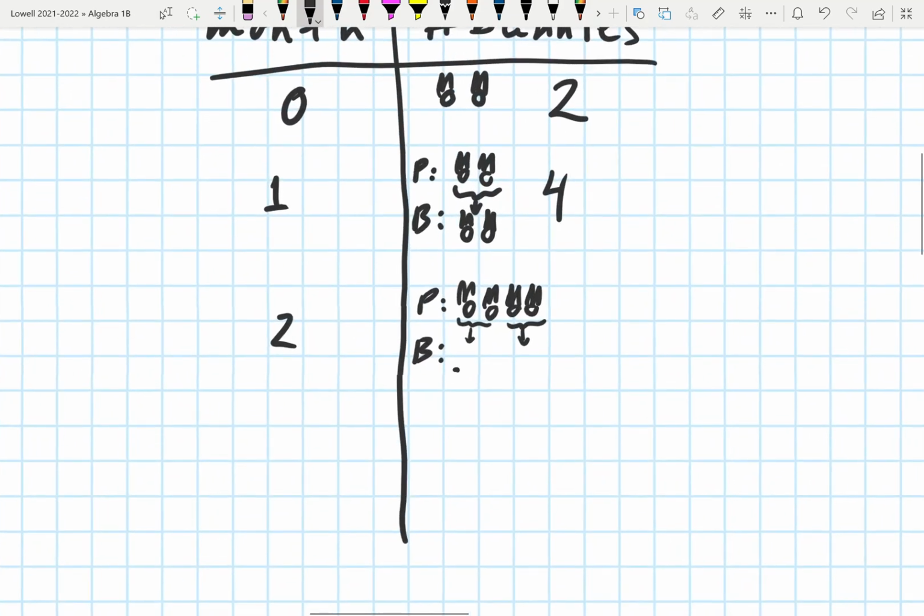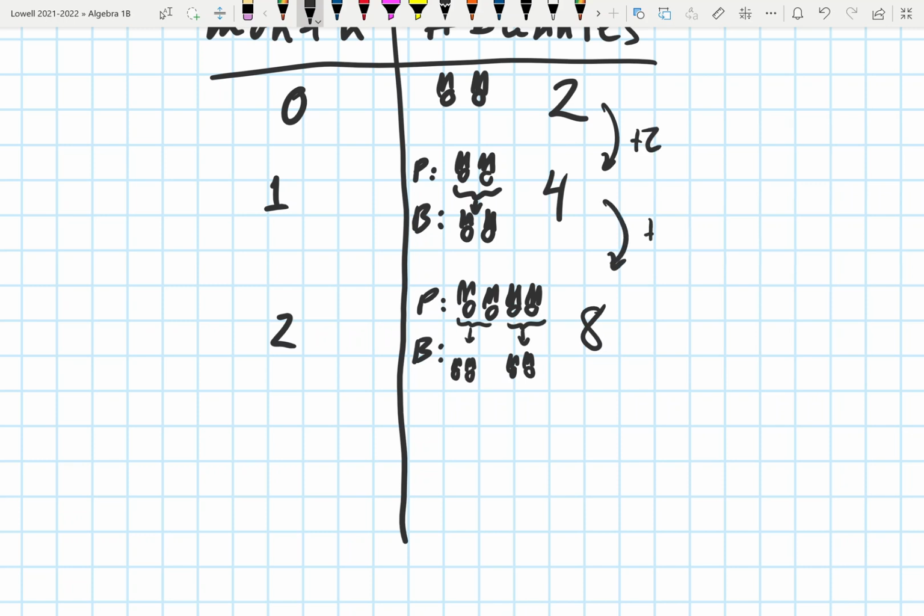So we're going to end up with 1, 2, 3, 4 babies for a total now of 2, 4, 6, 8 bunnies. If you thought your pattern was plus 2, well, we can see here that that's not quite right. It goes from 2 to 4, it's plus 2. Right here, plus 2, but then from here to here, it's plus 4.